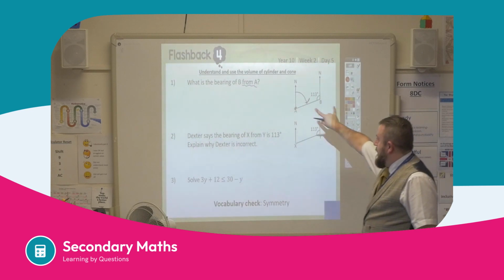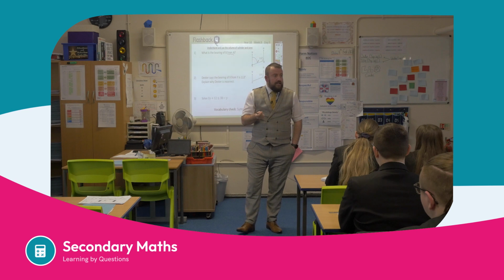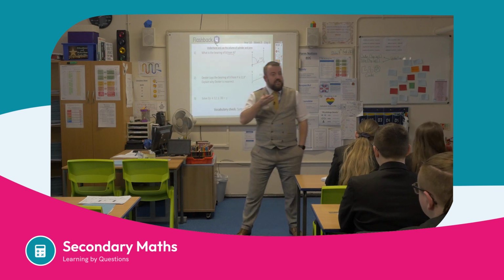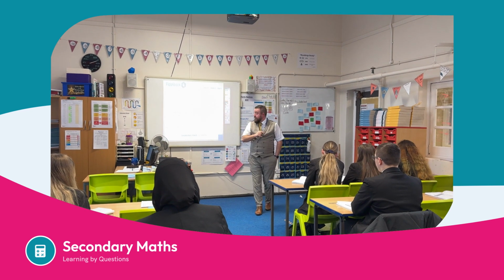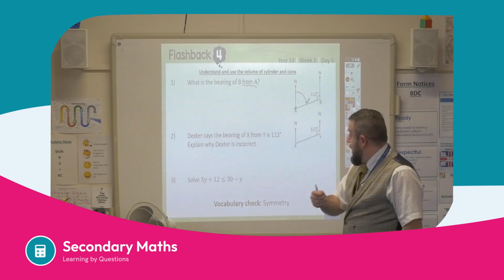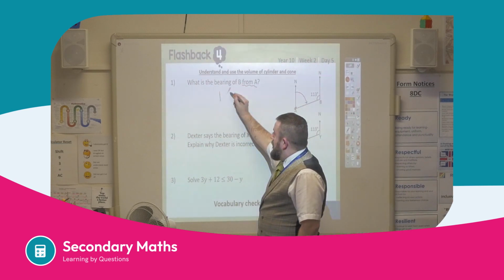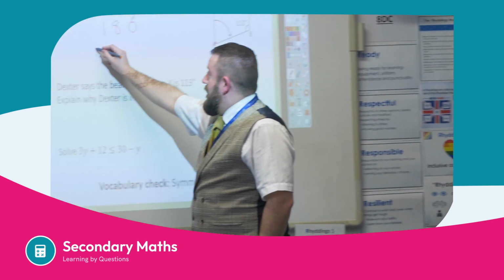What type of angles are these? Can you remember when we're looking at parallel lines with a transversal, what type of angles are these? Co-interior, well done. And in co-interior angles, what do they add up to? 180, well done, Connie. So from 180, what am I going to do with my 113 degrees? Take it away.